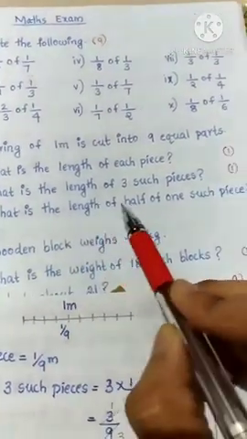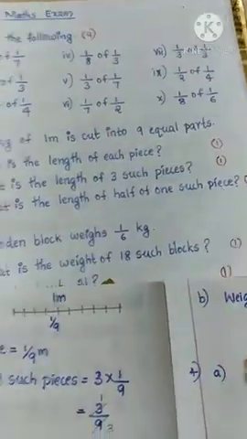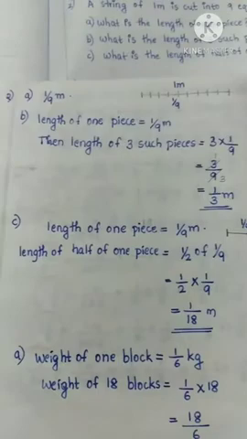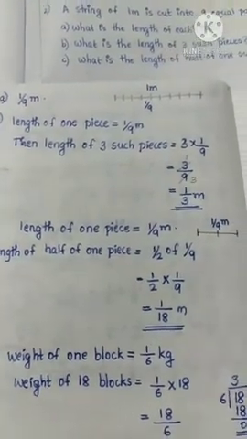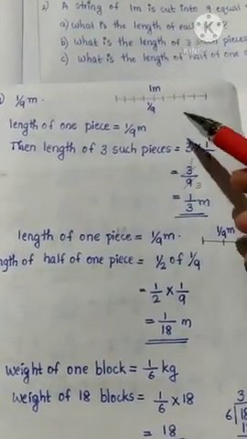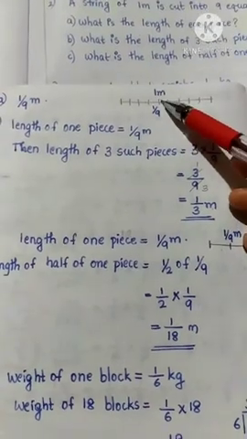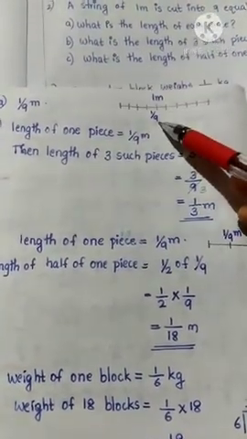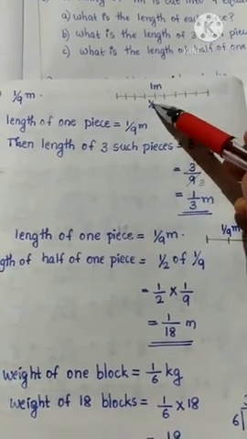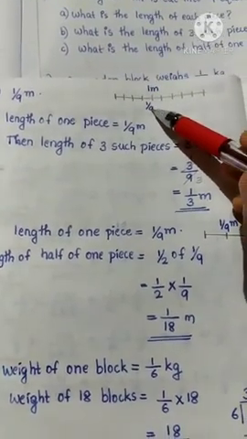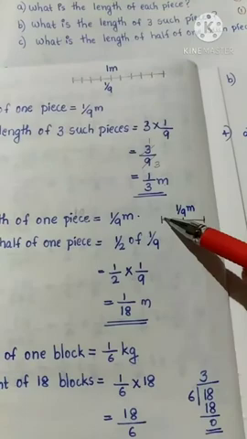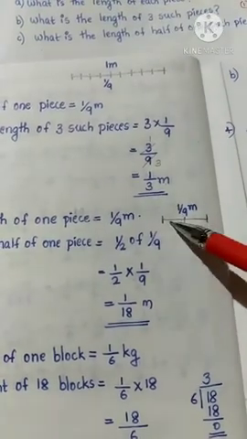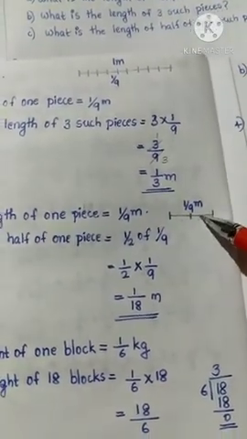Then third question. What is the length of half of one such piece? So you have to find out the length of half of one such piece. So the 1 meter length string is divided into 9 equal parts, and the length of one piece is 1 by 9 meter. So this one piece is again divided into 2 equal pieces.